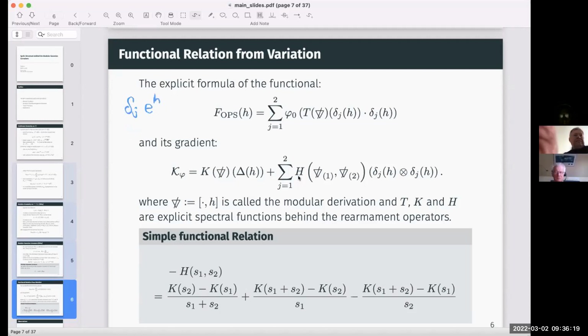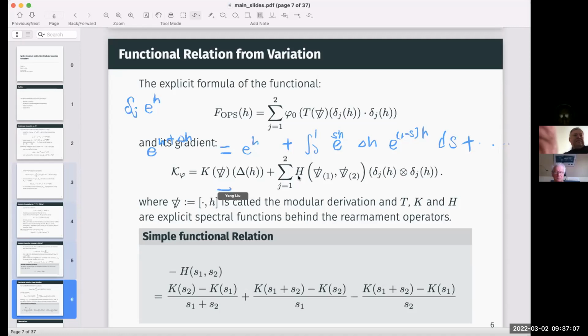We know that e to the h plus delta of h has this expansion: e to the h plus the integral from 0 to 1 of e to the s of h, delta of h, e to the 1 minus s of h, ds, plus some higher order terms.